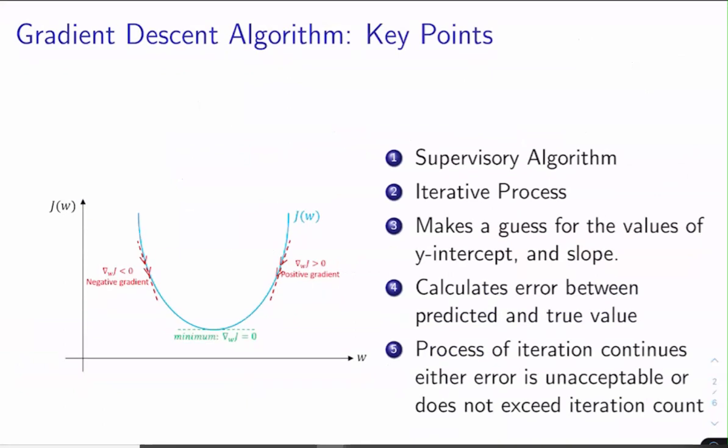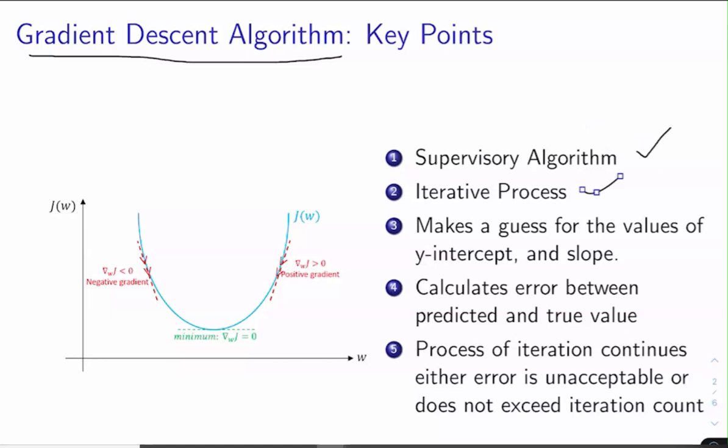Now, while discussing the gradient descent algorithm in the context of simple linear regression modeling, we saw that the gradient descent algorithm is a supervised algorithm, meaning that it needs a training dataset in which the output feature is given and the values of the output feature vectors are known. The second most important point is that it is an iterative process, and it works like this.